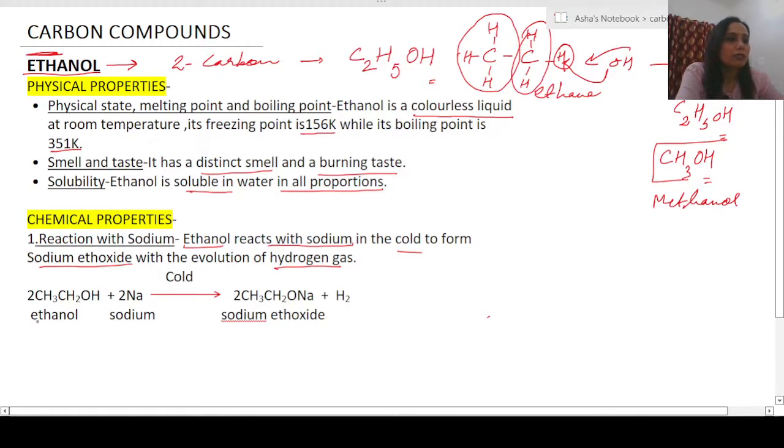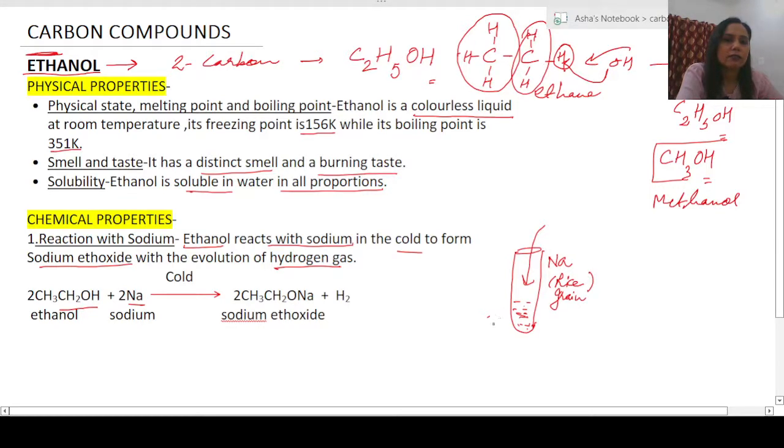So what we are seeing here is the formula of the ethanol and sodium. Suppose there is a test tube and in this test tube you are having ethanol, CH3CH2OH, and you add a very small piece of sodium, about the size of a rice grain.